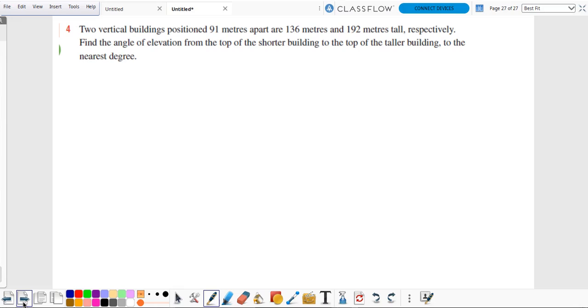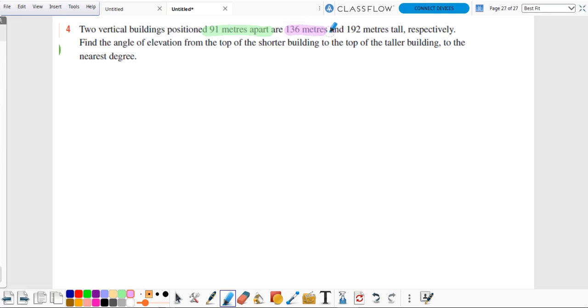Right. I'll highlight some keywords there that you should use. Two vertical buildings, so 91 meters apart. That's a keyword there. One of the buildings is 136. Let's use another color for that. One of them is 136. And the other one is 192.